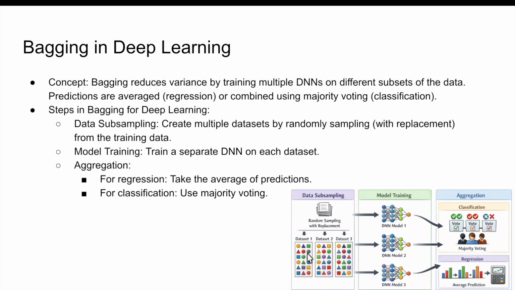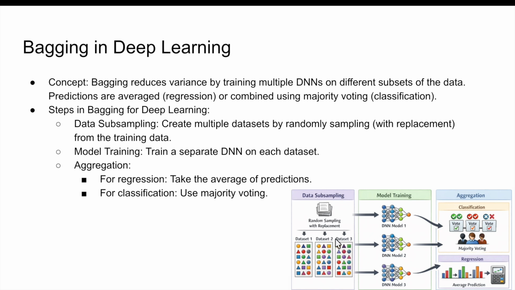There is a different combination of data in each dataset, but they are not unique. It is not that dataset 1, dataset 2, and dataset 3 are each unique. All three can have some data points which are common to each other. This is called random sampling with replacement.